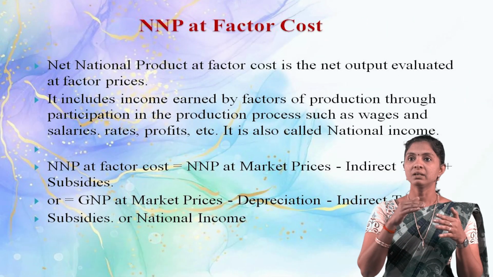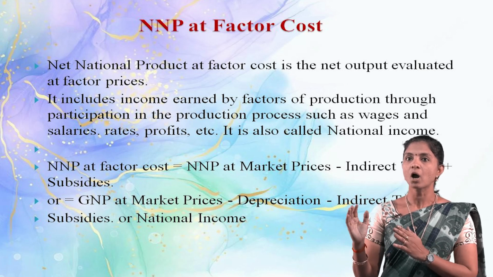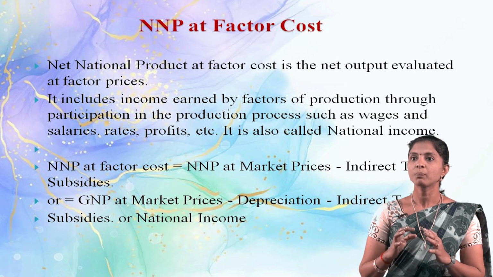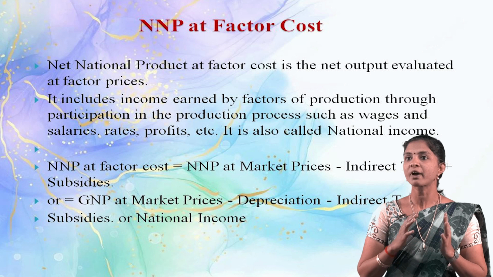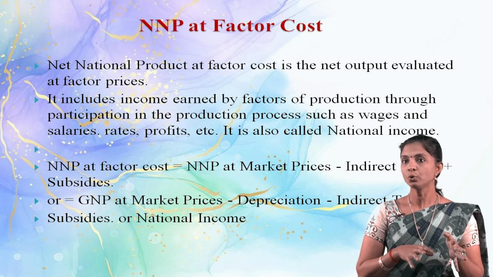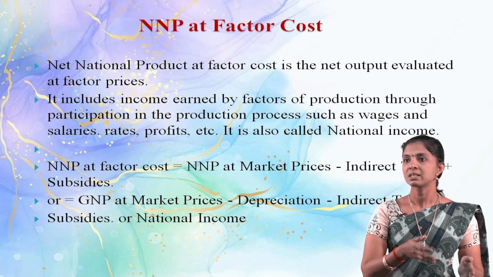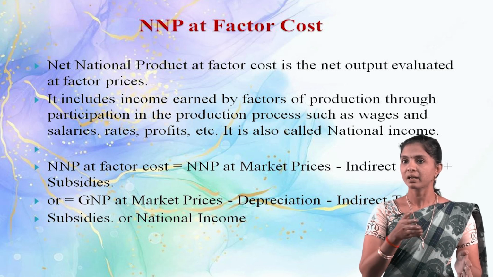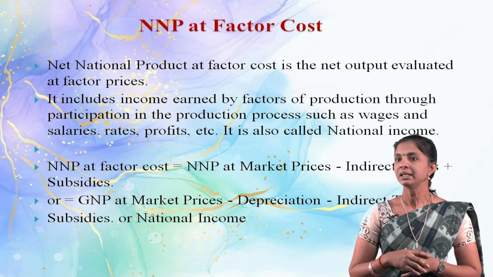Next, NNP at factor price. So, what is NNP at factor price? It is the net output evaluated at factor prices. It includes income earned by factors of production through participation in the production process, such as wages, salaries, rent, profit, etc. So, it is also called national income.